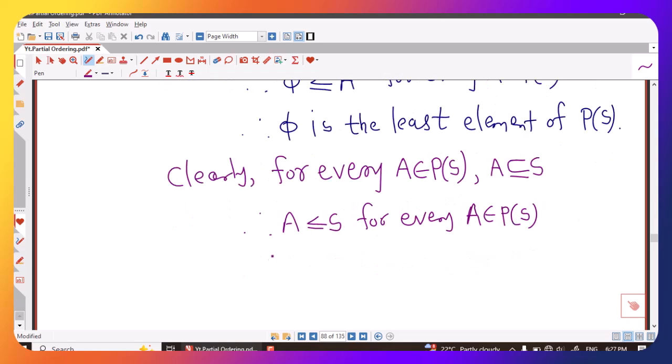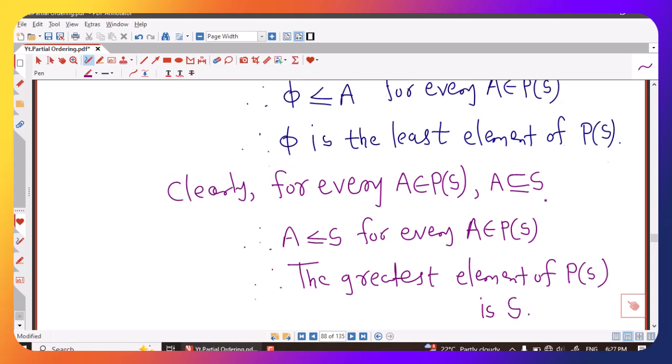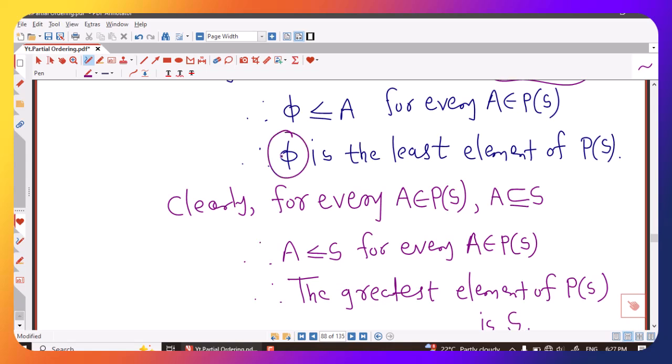Therefore S is the greatest element of power set of S, and the least element is the empty set.